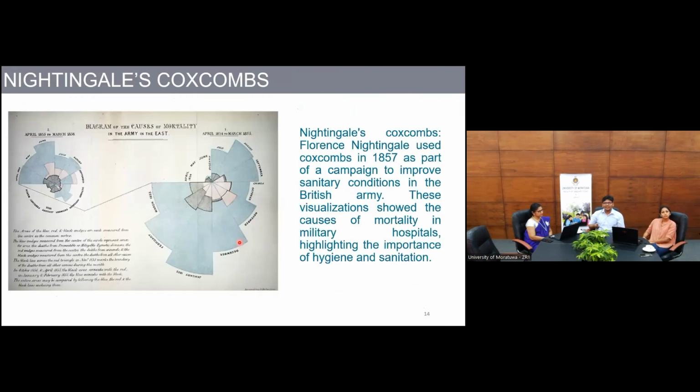So let's look at another one. This is related to public health and health in general. So this is the Coxcomb plot by Nightingale.